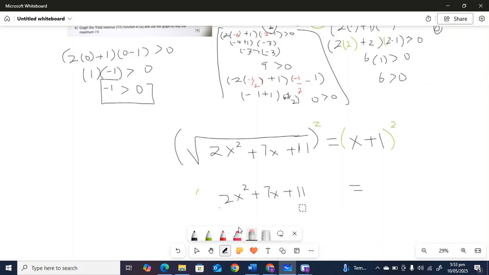Then on the right hand side, you expand. x times x, x squared. x times 1, x.